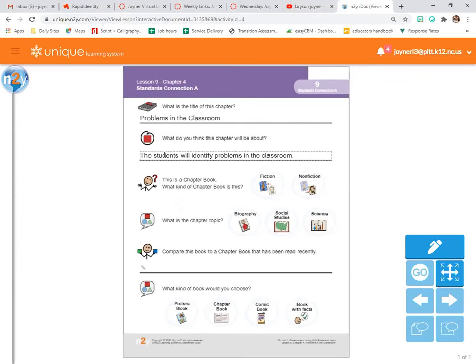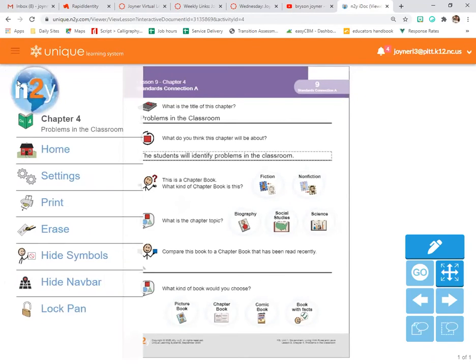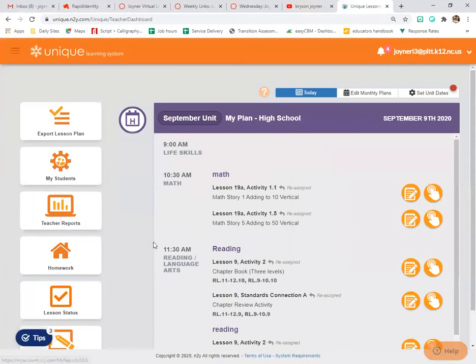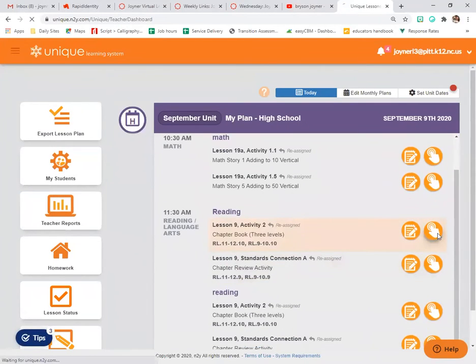I'm not sure what the problems are going to be. Maybe you can think about some problems that come up when you're in school that we have rules for. So with that, I'm going to jump right into this chapter because I'm ready to see what chapter 4 is all about.